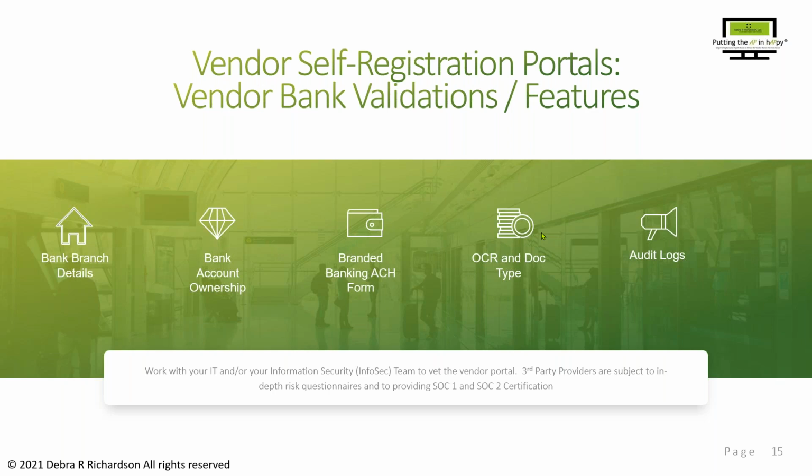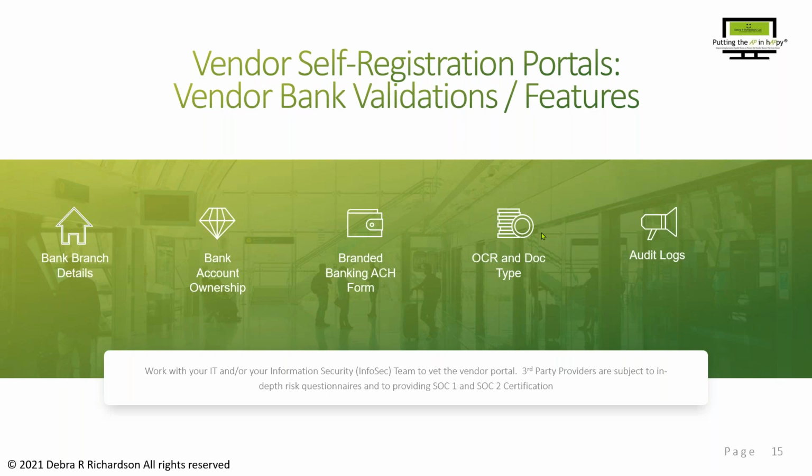Now, for those of you that have already selected a vendor self-registration portal, if any of these security access roles, features, or vendor bank validation features are not in your portal, again, because they are all different, as I mentioned with a lot of the vendor banking validations, you will just need to supplement with manual processes, those that you deem required for your vendor setup and maintenance process.